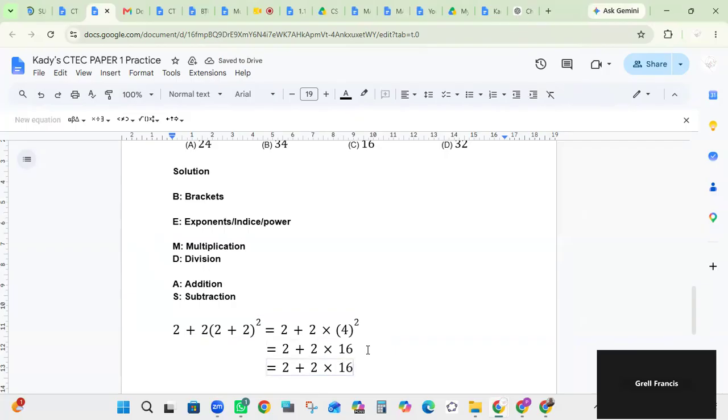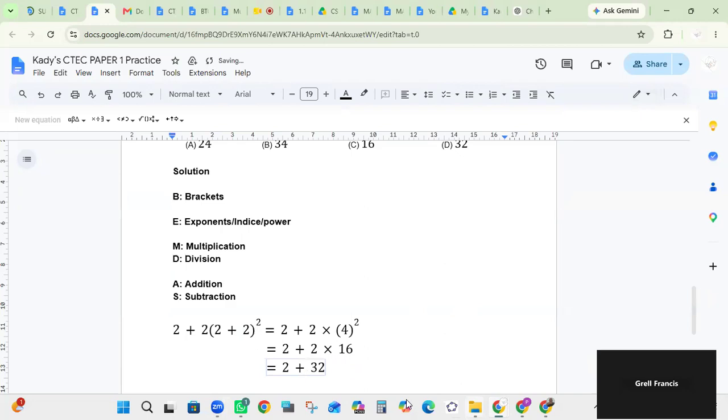No calculator. You want to write it in your book? Do the calculation? Yes, sir. So do it in your book quickly. Try not to use the calculator. Say that again. 32. Good. So 2 times 16 is 32. Okay.